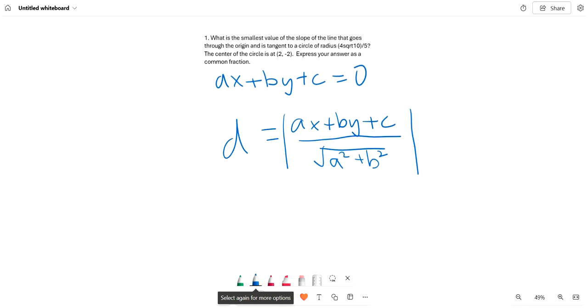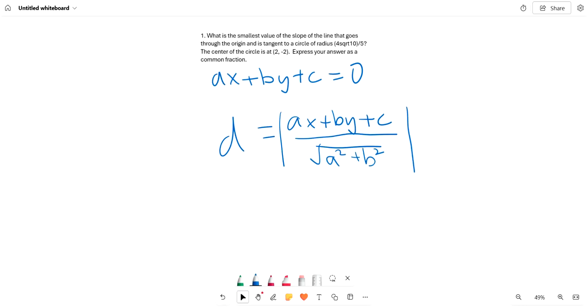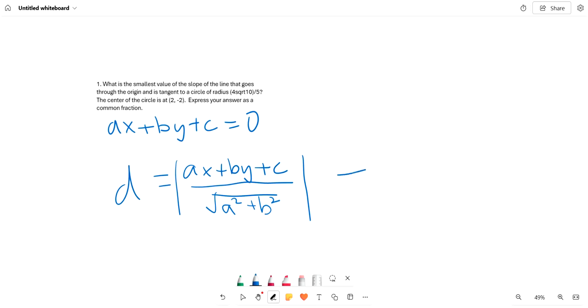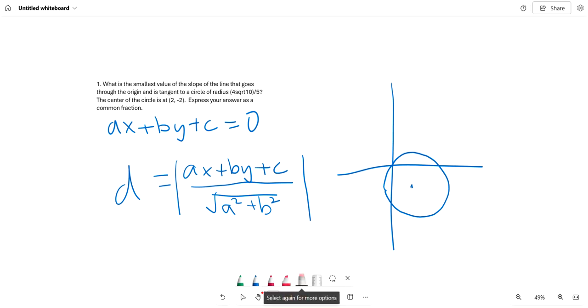So, continuing with the problem, you draw a coordinate grid here, and then (2, -2) is about down here. And the line passes through here. Well, it doesn't pass through the origin, but it passes through the axes.